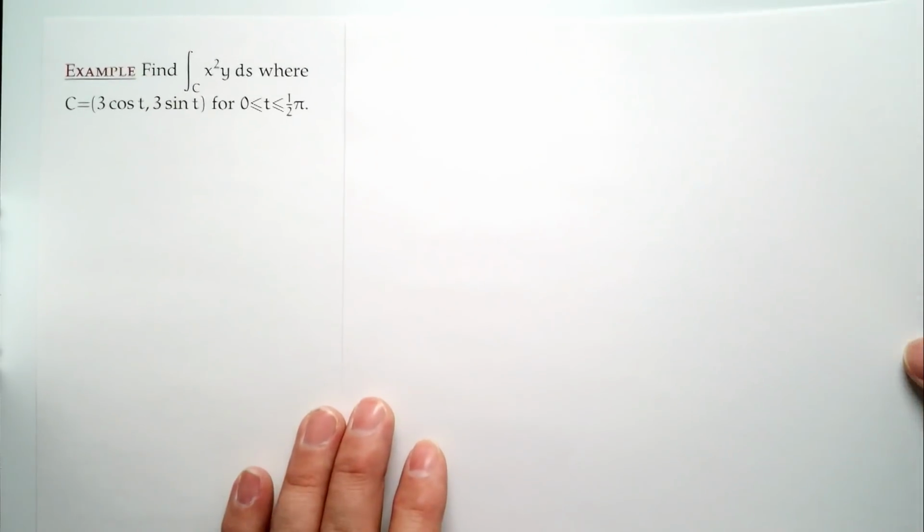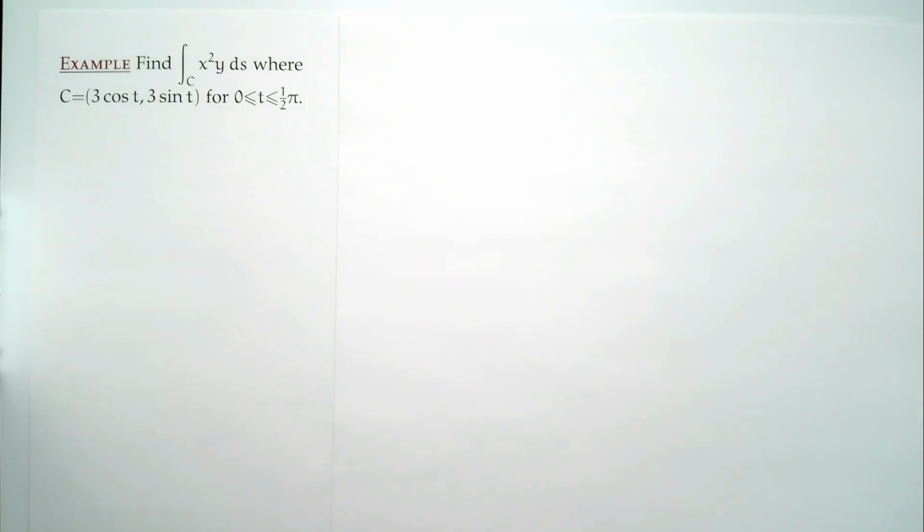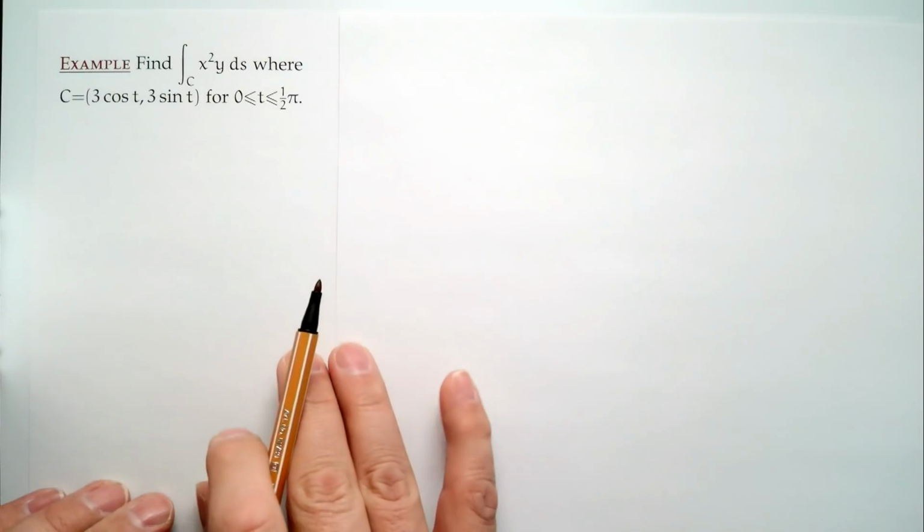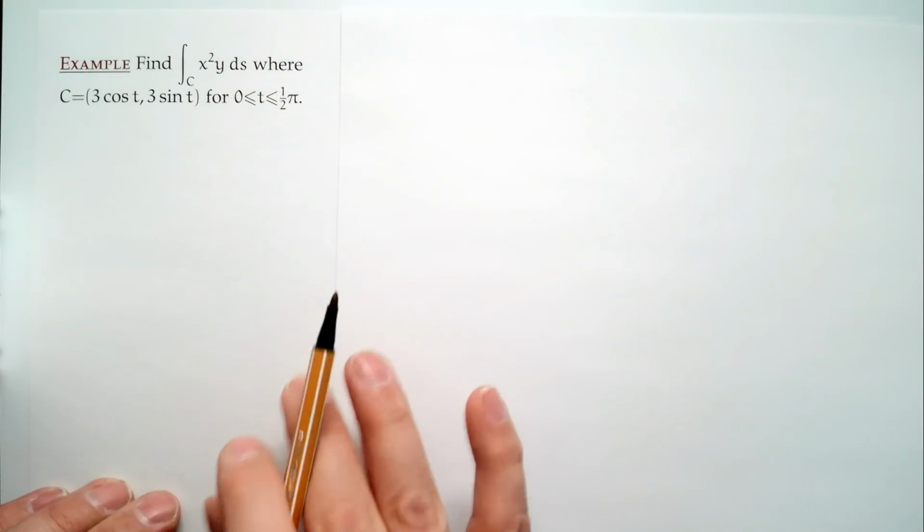So, find the integral along the curve of x squared y ds, where the curve is 3 cosine t, 3 sine t, where t goes between 0 and pi halves. Okay. Well, let's see. What do we have?